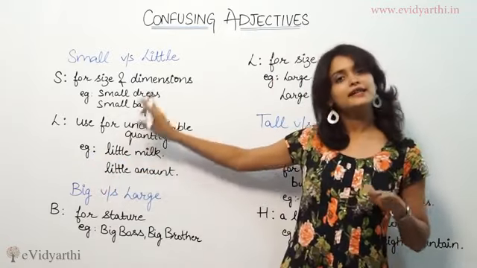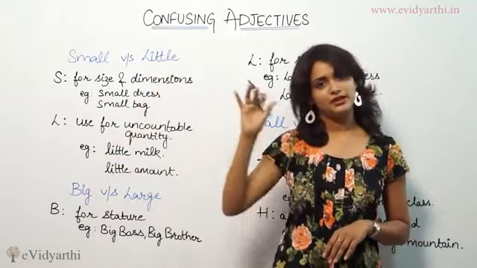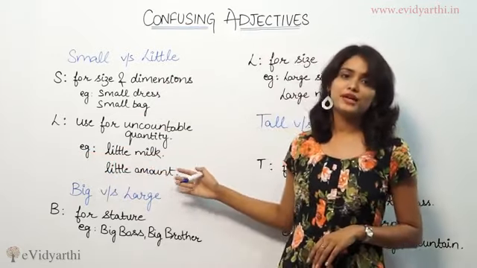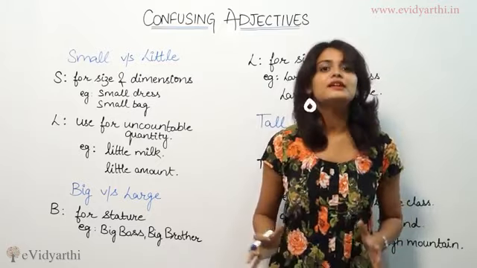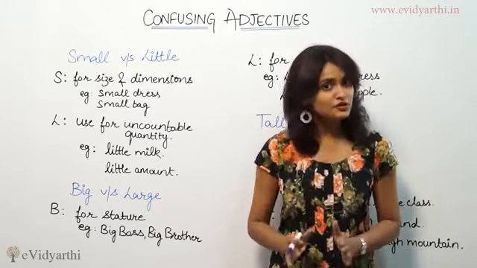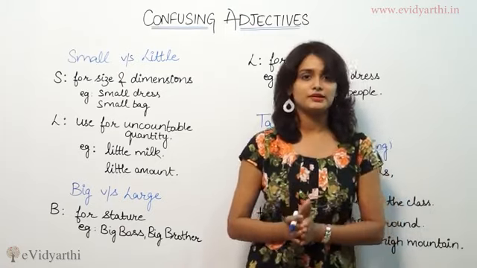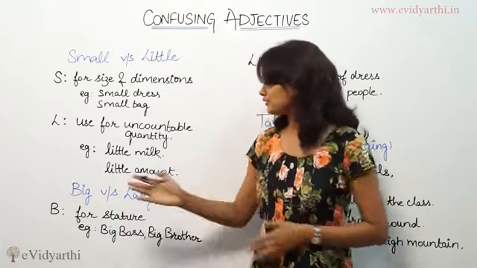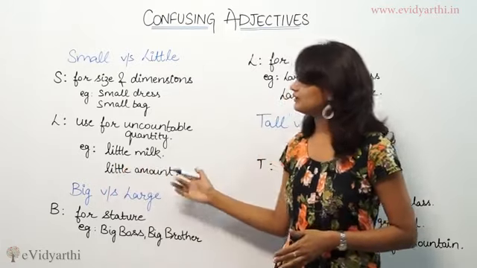Like I said earlier, my brother is so small. But my little brother, when I say little brother, here we are not talking about the size of a brother. Here you are talking about the status of your brother, that you have a younger brother, right? So that is what little brother means.